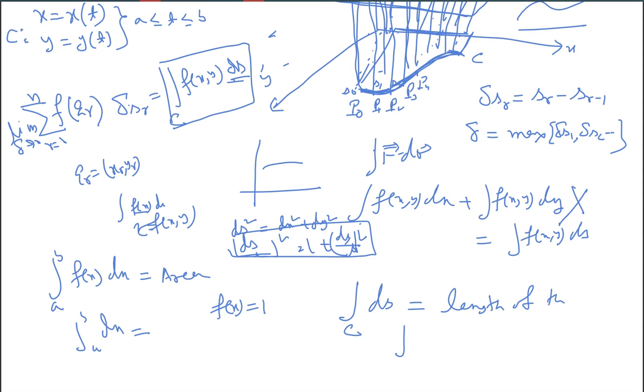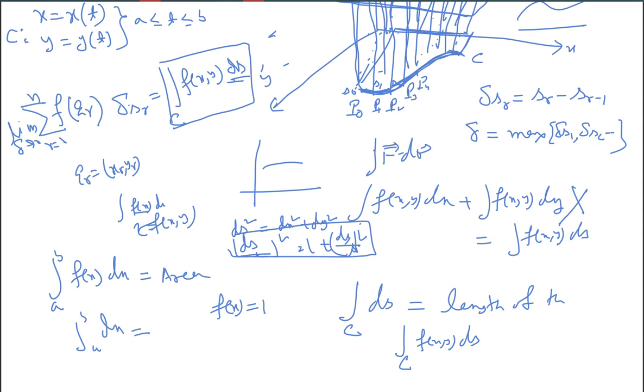Then if I write integral c f of xy ds, I'm not saying area or length. This is the area of what I have just discussed, the surface, I mean on the XZ plane.